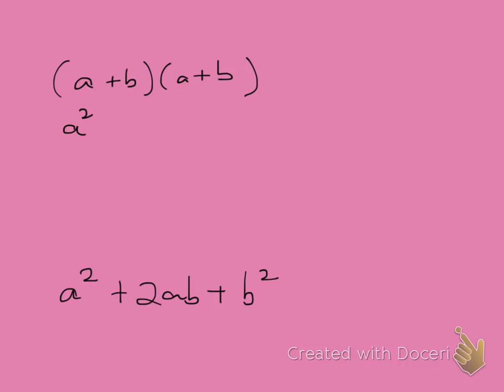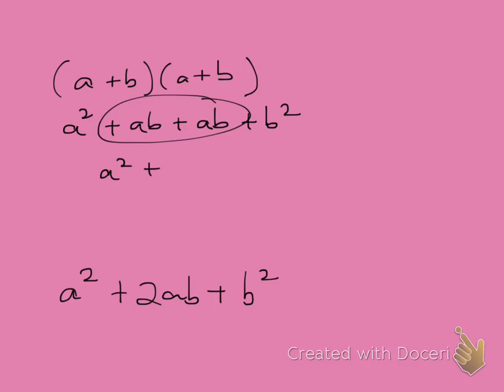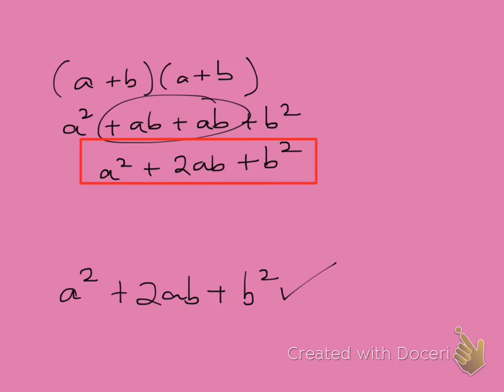A times B is AB. A times B is AB. And B times B is B squared. Combine my like terms in the middle. I have A squared plus 2AB plus B squared. So, Nathan was correct.